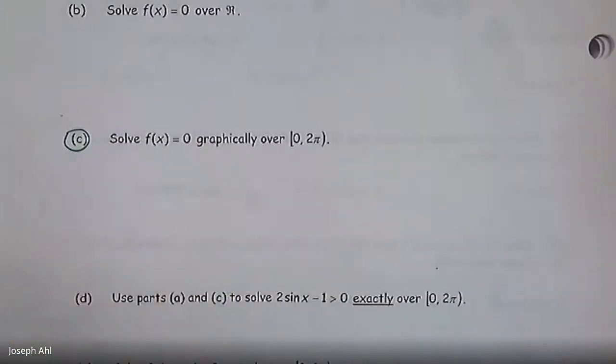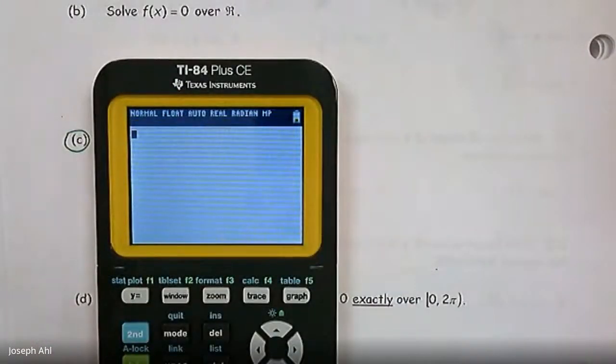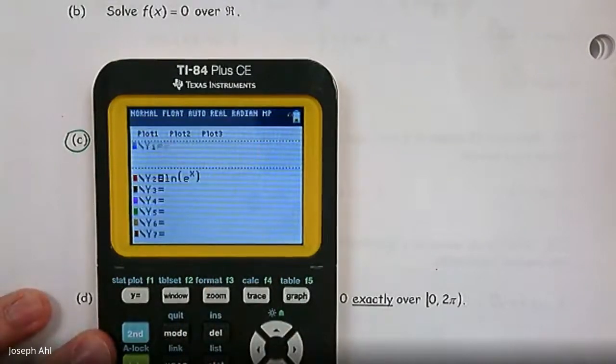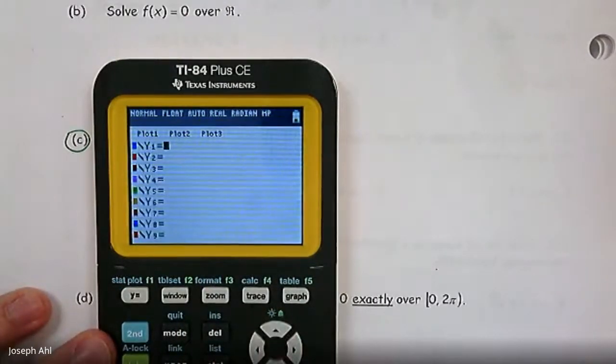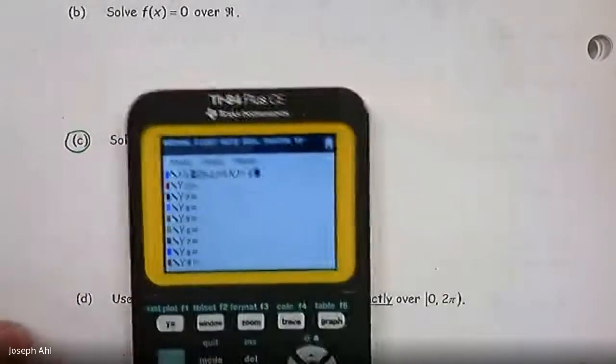We're going to go to the calculator right now, and I want you to make sure that you're in radian mode, which I am. If you're not in radian mode, the graph will not look like you want it to look. When you go to y equals, whatever's in there right now, type in 2 sine x minus 1. That's the equation we're looking at for f of x.